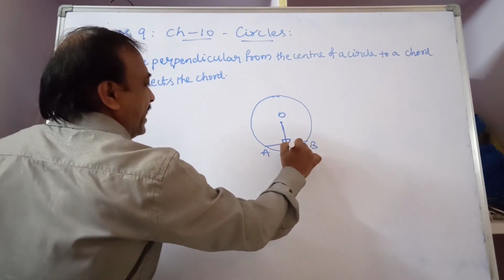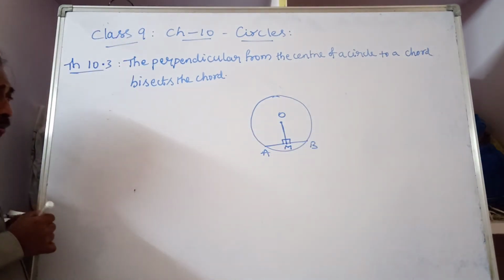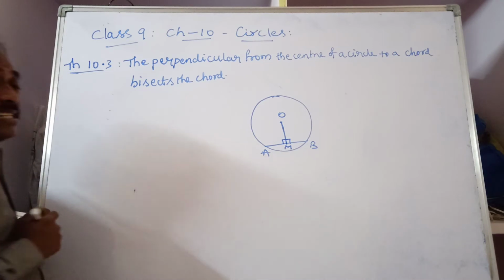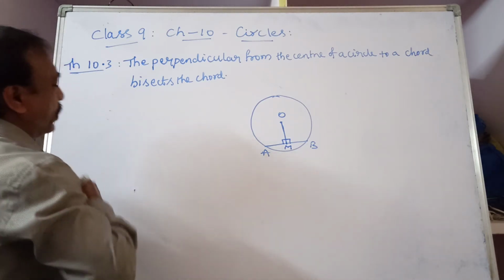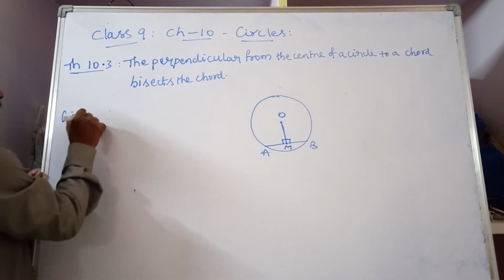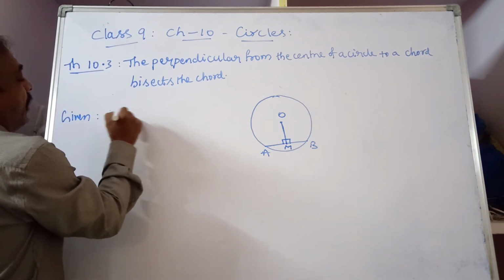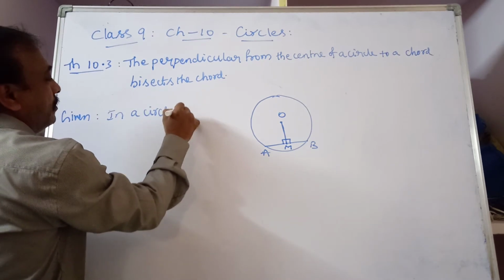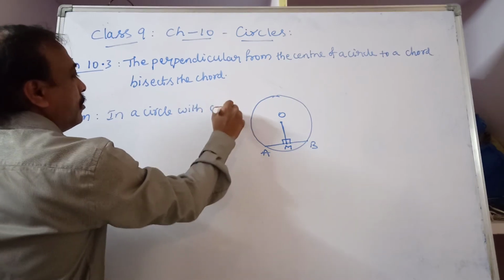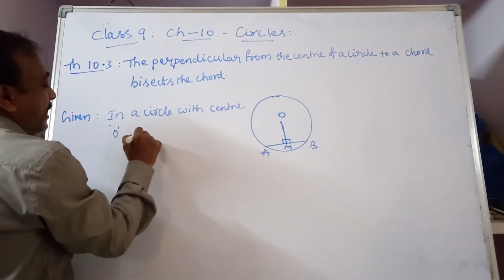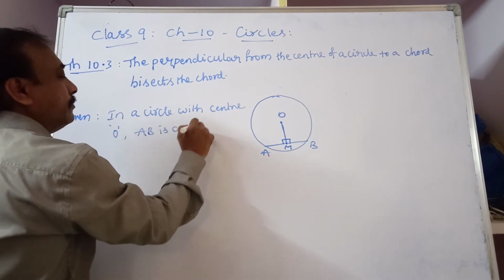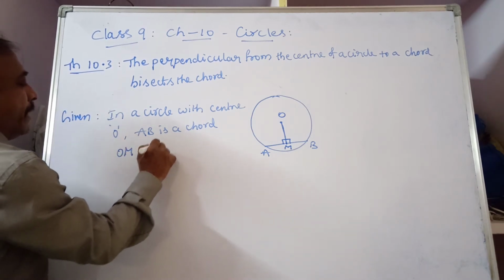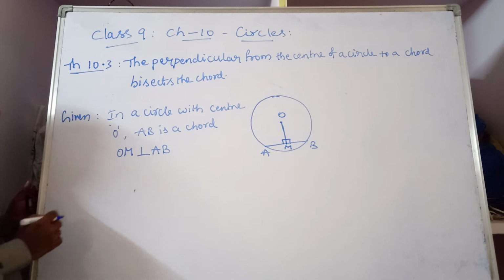Here we locate the point M. So now the perpendicular bisects the chord, which means it divides it into two equal parts, that we have to prove. So given a circle with center O, AB is a chord, and OM is perpendicular to AB.